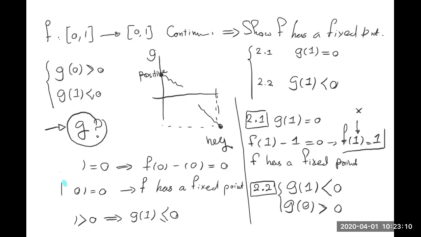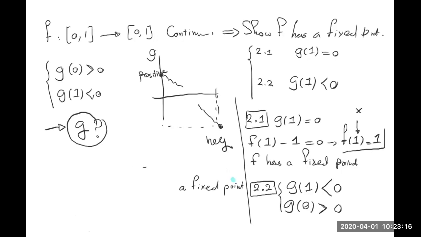Yes, exactly. If you have a function which is continuous and at some point is positive and at some point is negative, it definitely has to cross this line at some point. And exactly at that point, this function is going to be 0.